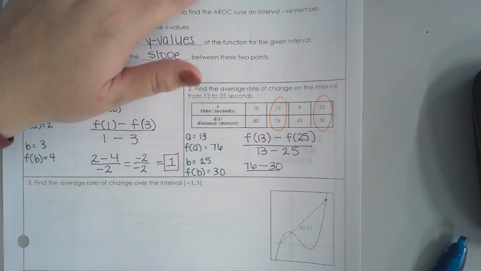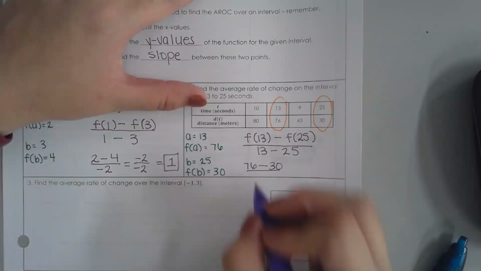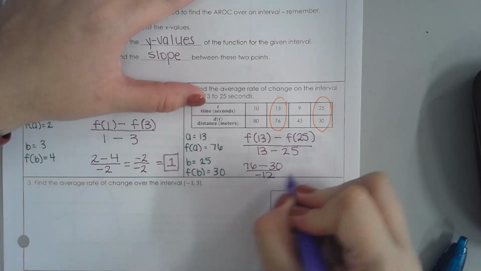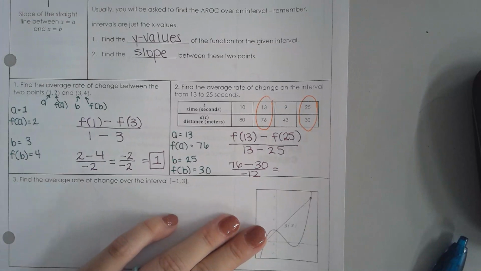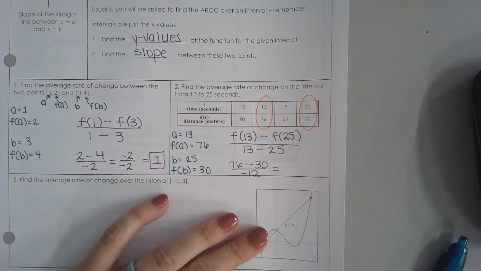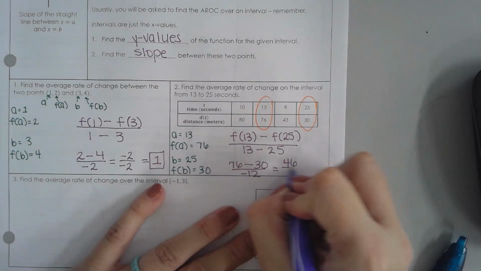What's 13 minus 25? Got to get that without a calculator. Negative 12. All right. Without a calculator, what's 76 minus 30? 46 over negative 12.